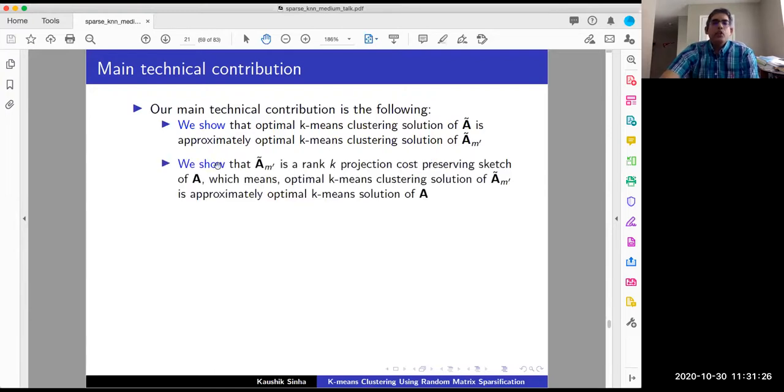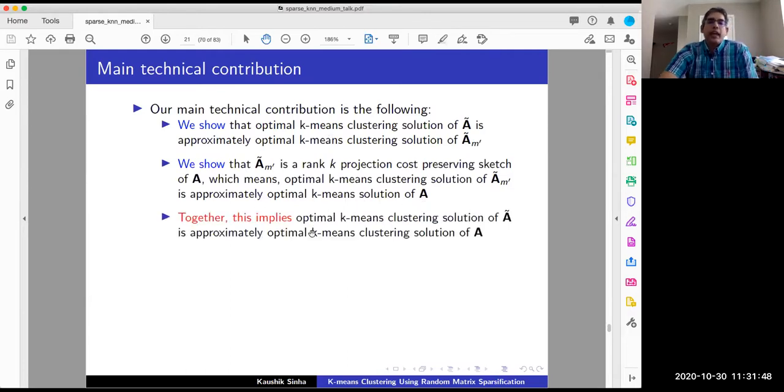And then we show that, in fact, this best rank M prime approximation of the sparsified matrix is actually a k projection cost preserving sketch of A, which means that the optimal k-means clustering solution of this best rank M prime approximation of the sparsified matrix is close to the actual optimal solution of A. So together these two facts imply that the optimal k-means clustering solution of A tilde is an approximately optimal solution for A.